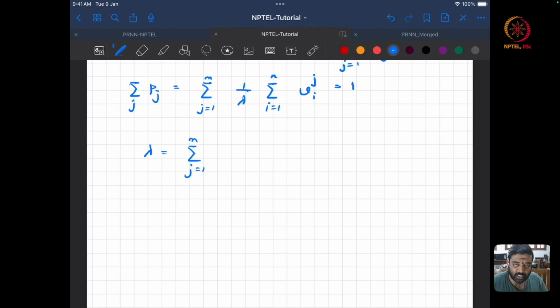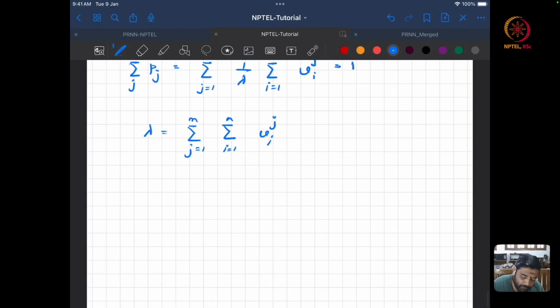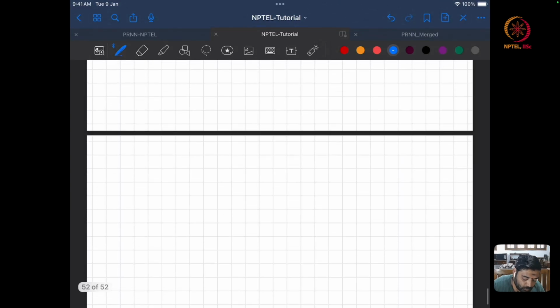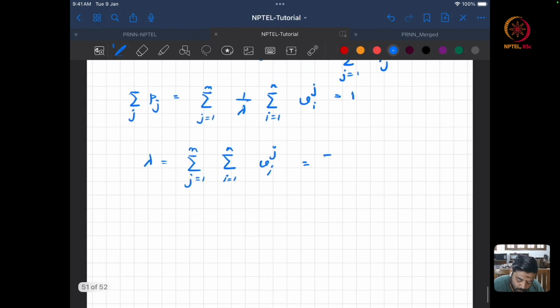See, lambda is independent of i and j, so I can take it out, the summation i equals 1 to n of Vij. We can always interchange the summations, right? Let us interchange this. Now this is the summation i equals 1 to n, summation j equals 1 to m of Vij.